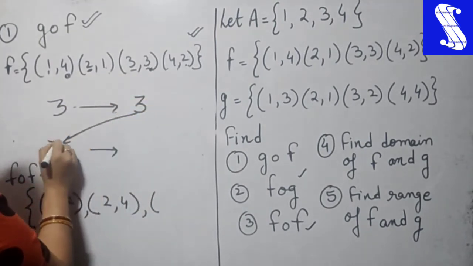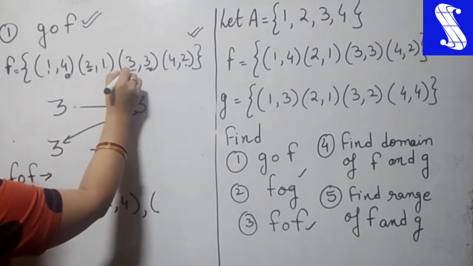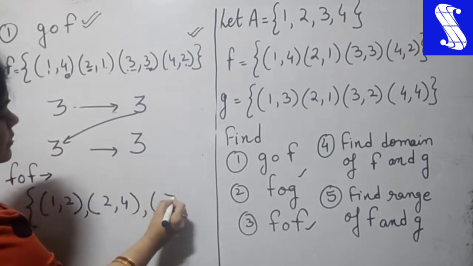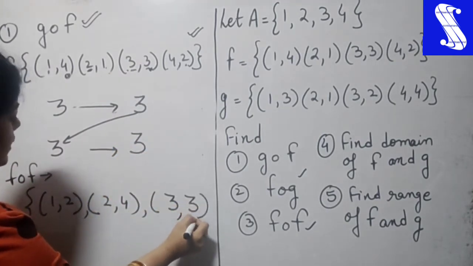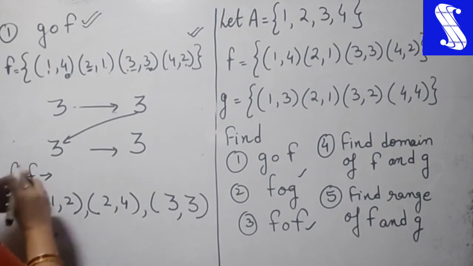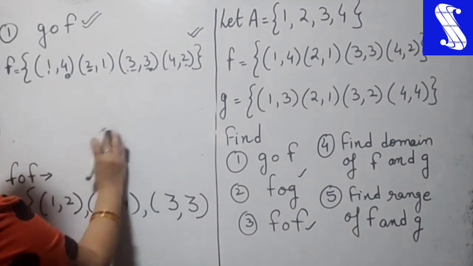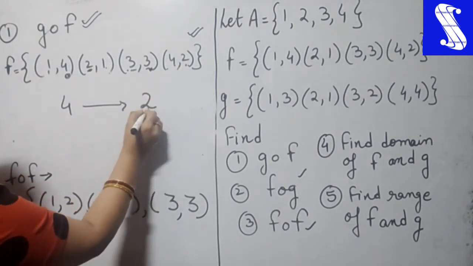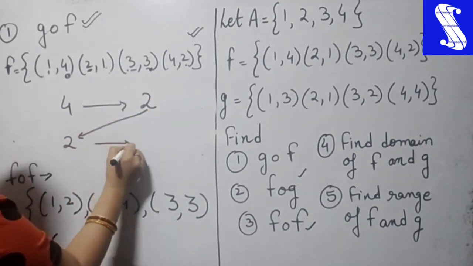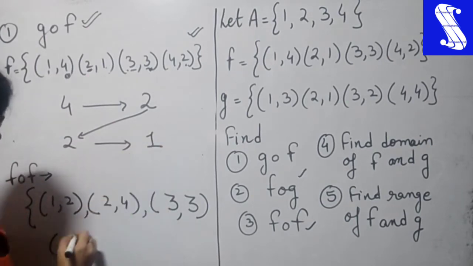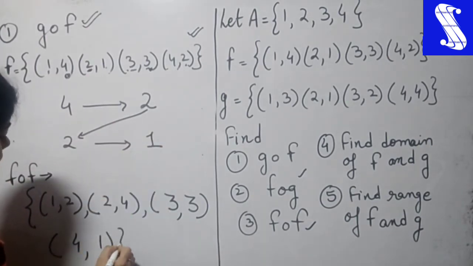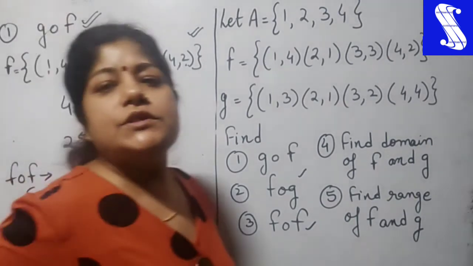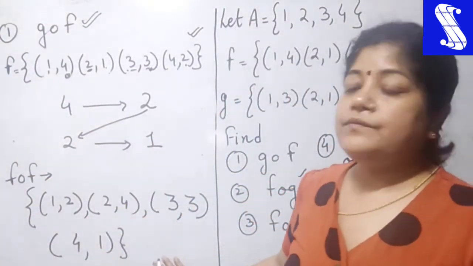Make it 3 over here. Again the answer is 3, so it becomes (3, 3). Now next one: this is 4. The value of 4 is 2. Now make it 2 over here. The value of 2 is 1. So (4, 1). This is the answer of the composition function FOF.